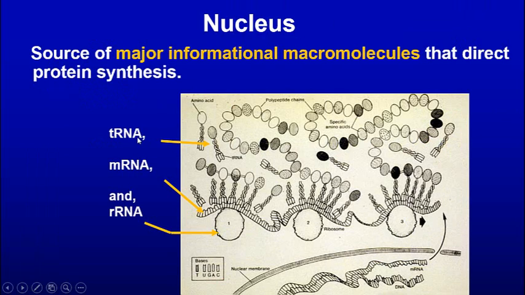You've got the transfer RNA that brings amino acids in. You've got messenger RNA, which is read by ribosomes, and ribosomal RNA makes up the ribosomes. So the DNA is transcribed into a messenger RNA, which comes outside, and then that interacts, and so the same strand of messenger RNA is read by different ribosomes, which have ribosomal RNA associated with them, and the transfer RNA is bringing in the various amino acids depending upon the code that's in the messenger RNA.